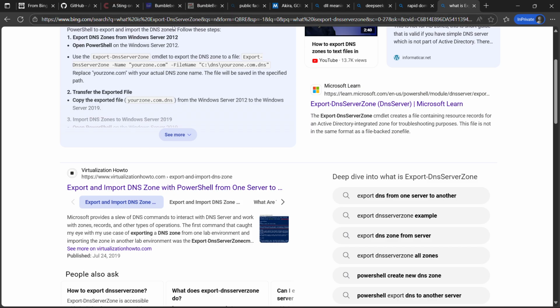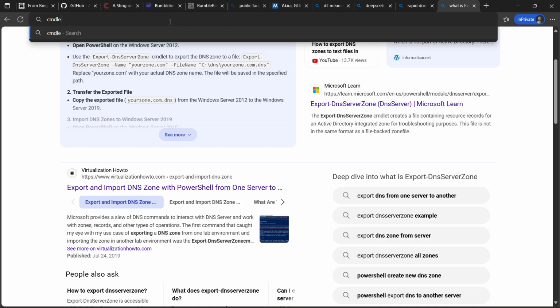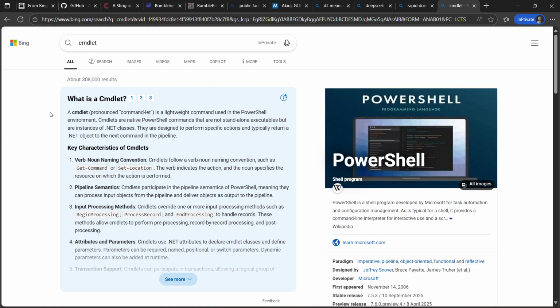Cmdlet, what is that? A cmdlet is a lightweight command used in the PowerShell environment. Cmdlets are native PowerShell commands that are not standalone executables but are instances of .NET classes. They're designed to perform specific actions and typically return a .NET object to the next command in the pipeline. .NET, what is that?